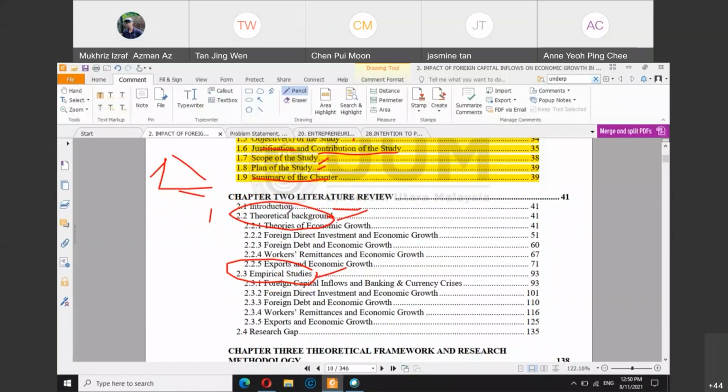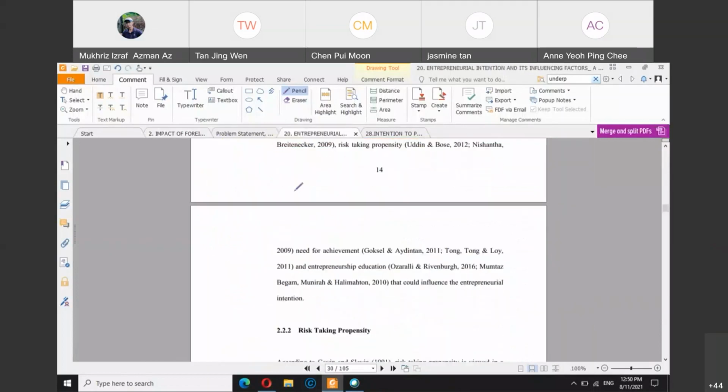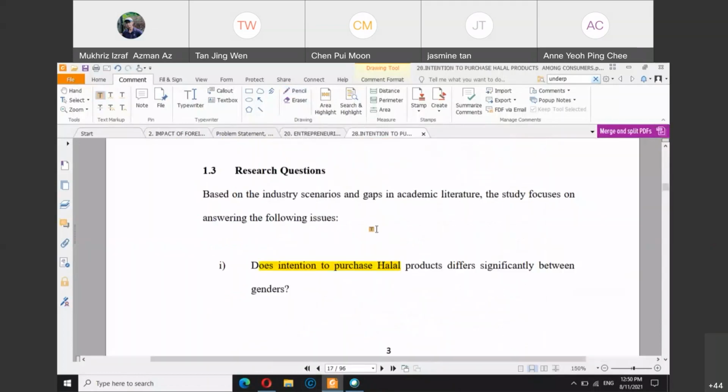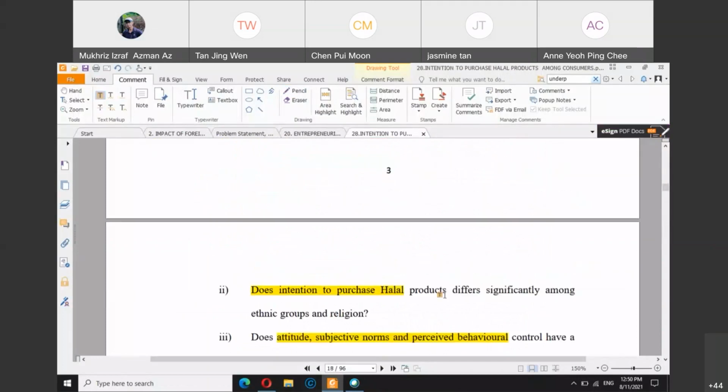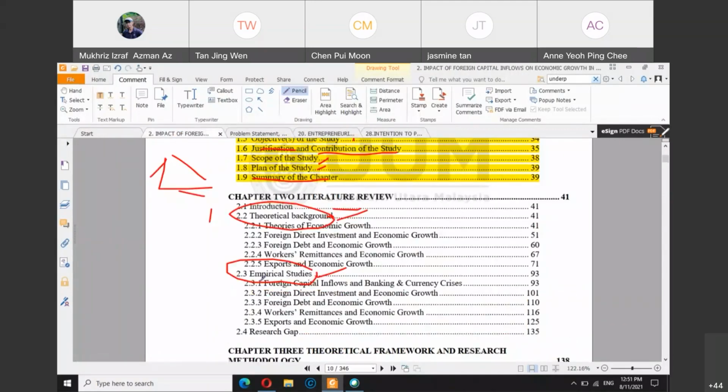Because you have 3 questions that you need to ask, if you have 3 variables like what we discussed just now, for example, gender and intention to purchase, ethnic groups and religion and their connection with intention to purchase, you can divide your empirical study here into 3 items.